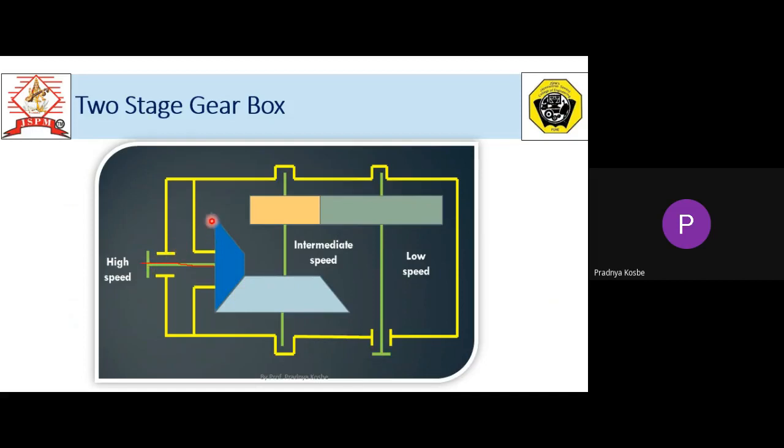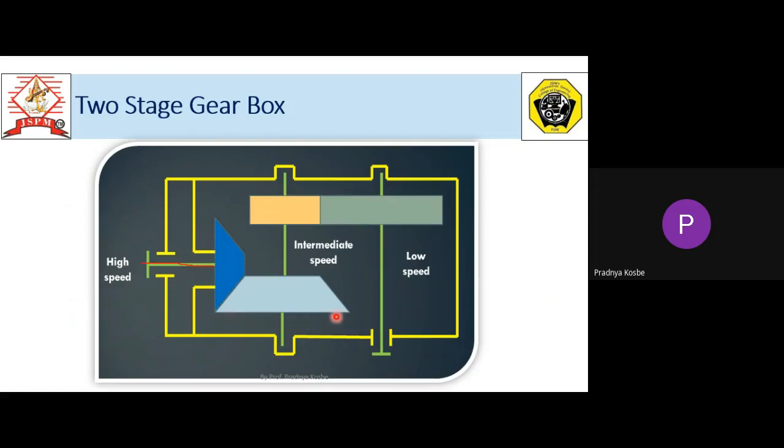Here you can see a bevel gear arrangement for the first stage, and for the second stage the arrangement can be spur gear or helical gear. This is a pinion bevel gear, mounted on the high speed shaft.